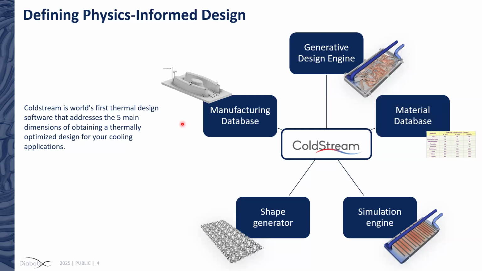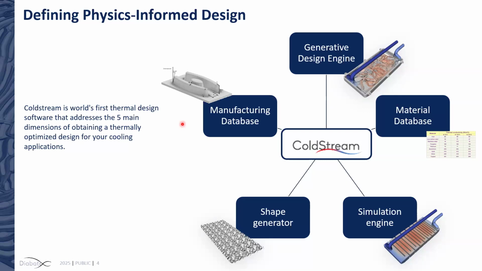To do that, a computing system assessing the design space has to perform n number of iterations and design explorations, with n number of design variables to tackle and create new designs. And this has to be generated with an automatic shape generation method, which is already established within Coldstream.